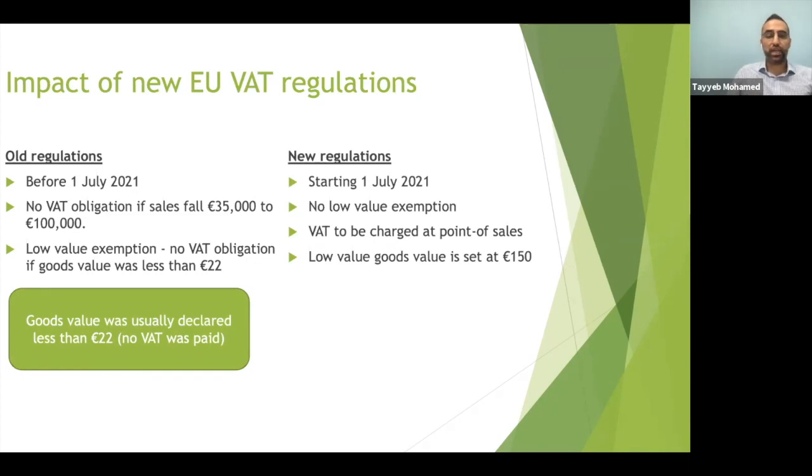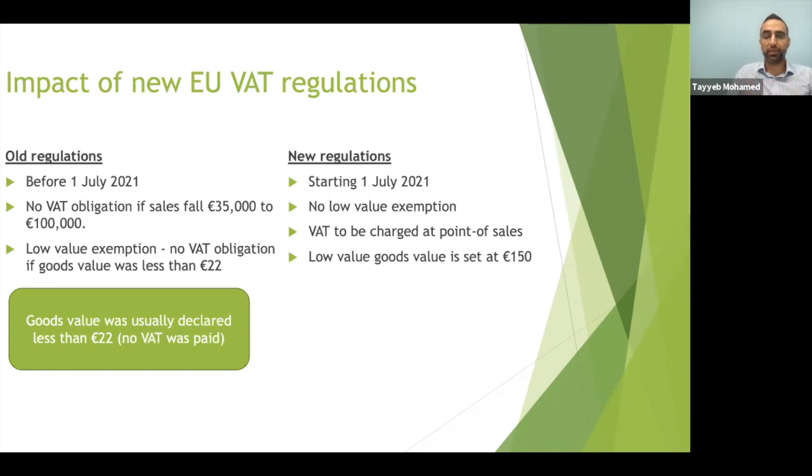VAT will be charged at point of sale, which means if you have a store and you are selling into EU, then at the time of sale, you will have to collect VAT from the end customer and pay it back to the tax authorities. An example is if you're selling 40 euro goods, then assuming the rate of VAT is 20%, you have to collect 8 euros VAT and pay it back to the authorities.